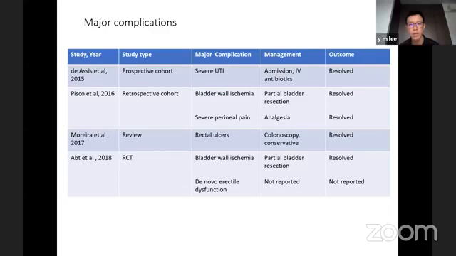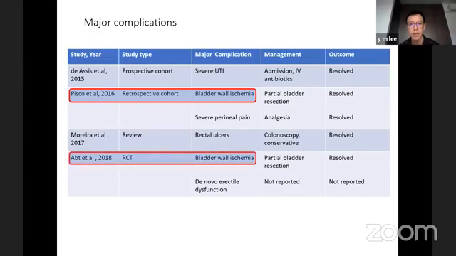In terms of major complications, the rate is less than 0.5%. And I think many of us here will be familiar with the two cases of bladder wall ischemia that have been cited very often as a complication of PAE. And of course, we all know that both cases required surgery to correct the complication.